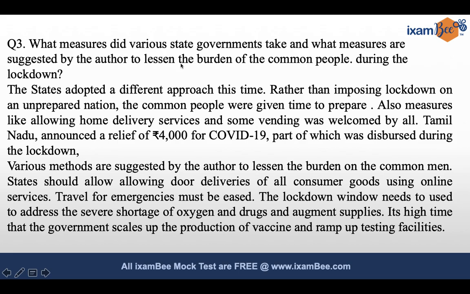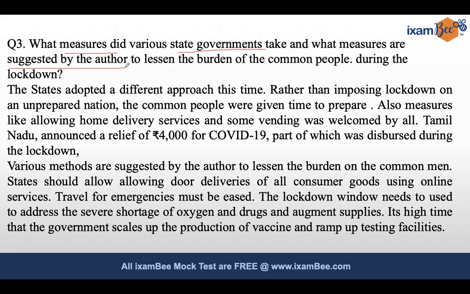Third question talks about government measures taken by the state government. Yes? And next, what measures are suggested by the author to lessen the burden of the common people during the lockdown?